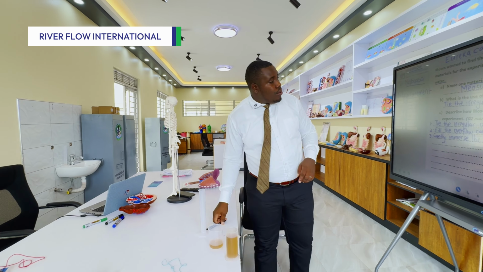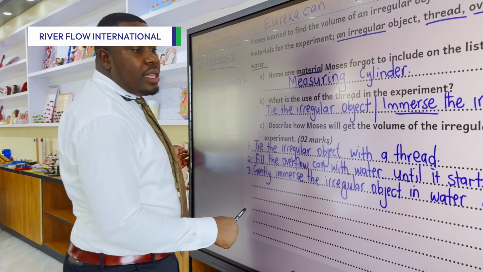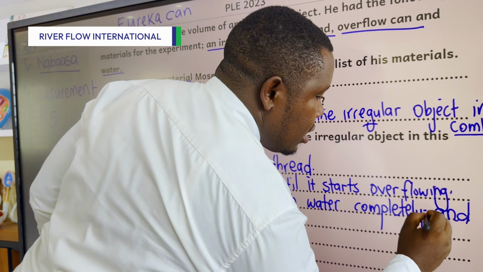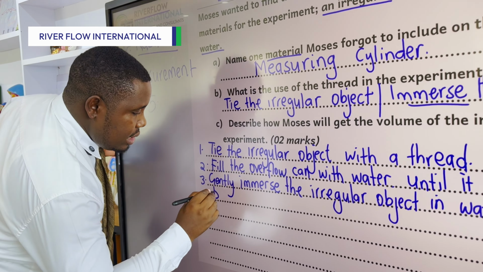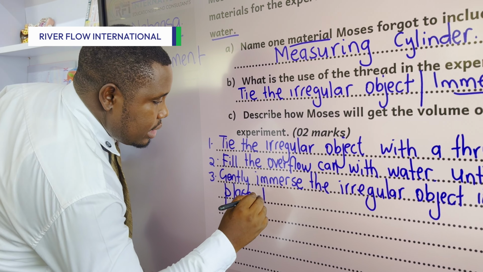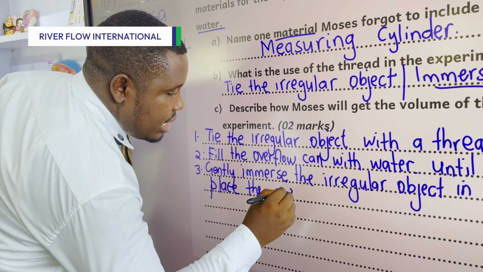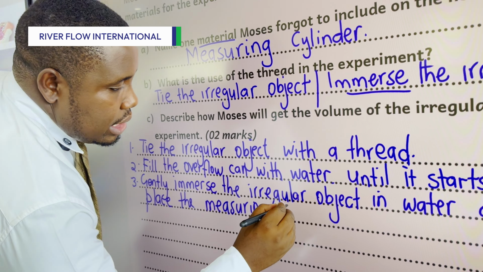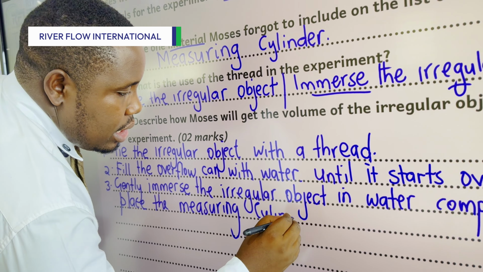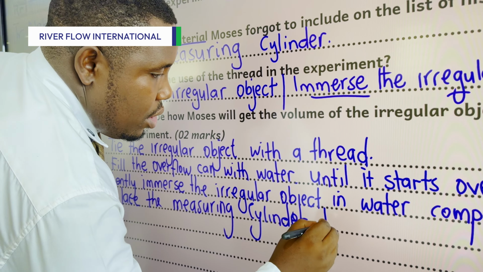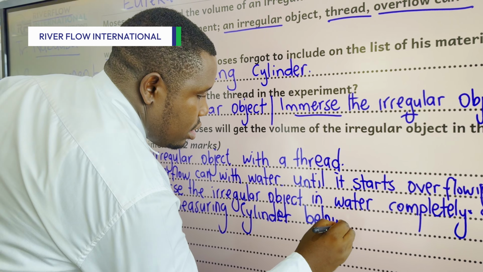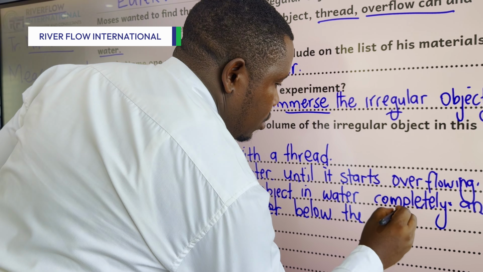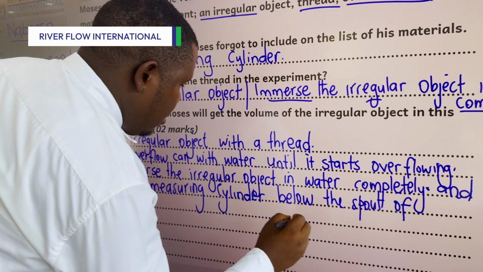And maybe before you do that, you say and place the measuring cylinder below the spout of the overflow can.